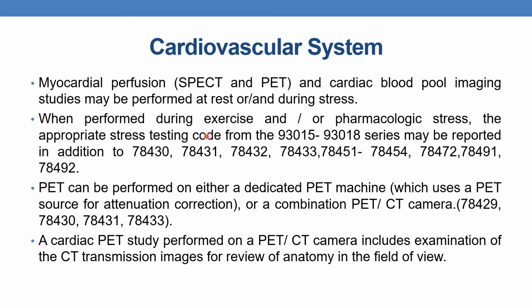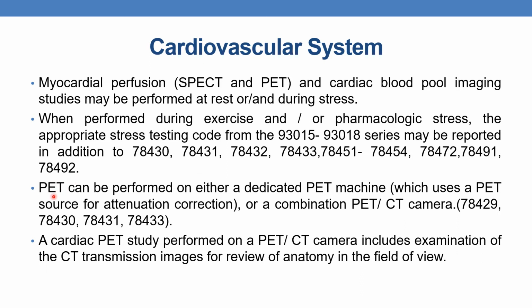So whenever they are performed during exercise or pharmacologically induced stress, appropriate stress test codes from the series 93015 to 93018 may be reported in addition to these myocardial perfusion scans, which come under these codes.